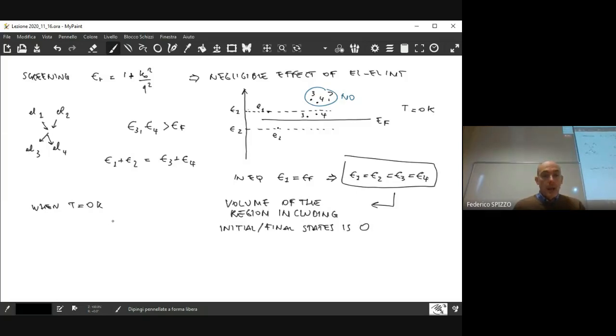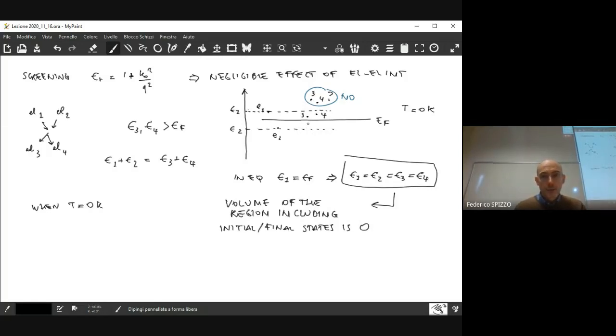So what is the physical motivation behind this 0 volume? The physical motivation is the Pauli exclusion principle, because the fact that E3 and E4 are chosen here and not down here is just due to the Pauli exclusion principle. If all the levels are occupied below, then you may not put E3 and E4 below EF because you have no space for those electrons.